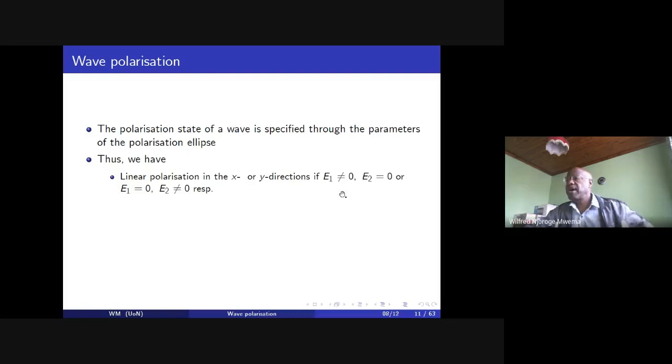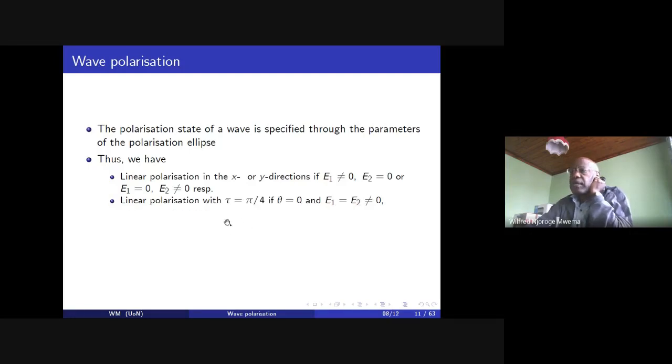We can also have E1 and E2 being not equal to 0, but with theta equal to 0. And in that case, we'll have a linear polarization with a tilt angle. That is, we can have tau equal to pi by 4 if theta is equal to 0 and E1 is equal to E2, but not equal to 0 itself.